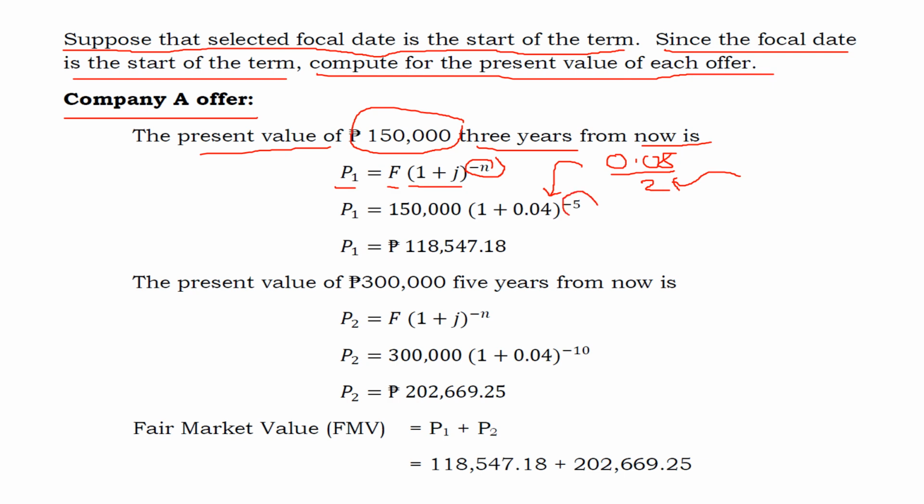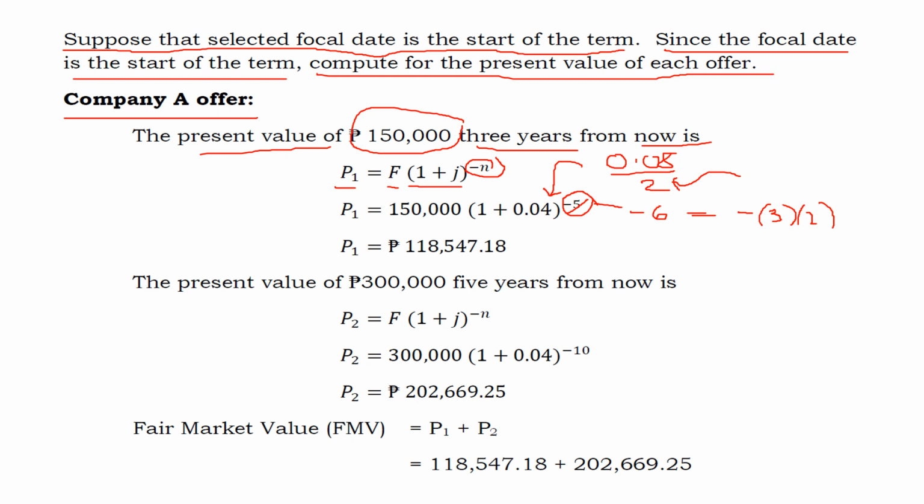Here there is a typographical error, so this is not negative 5, it will be equal to negative 6. This 6 is from the conversion period. We multiply your 3, since we are looking for the present value after 3 years, by the number of sets of 6 months in a year, that is 2.